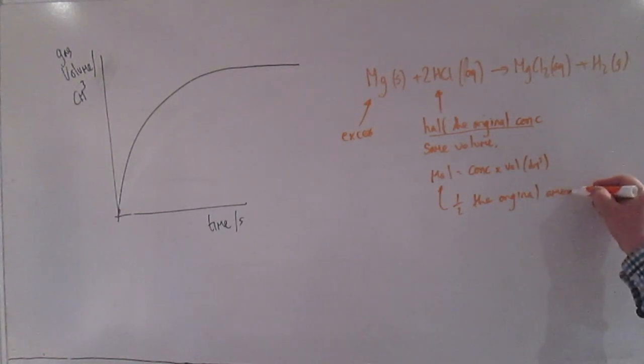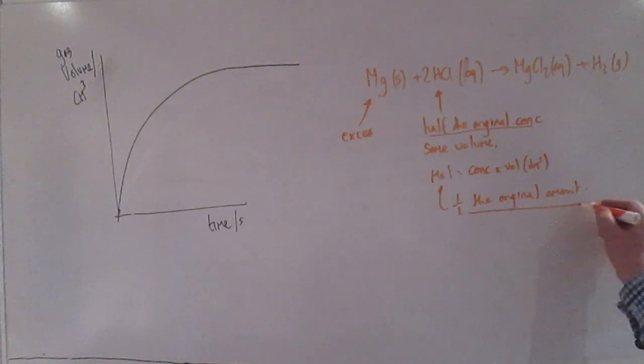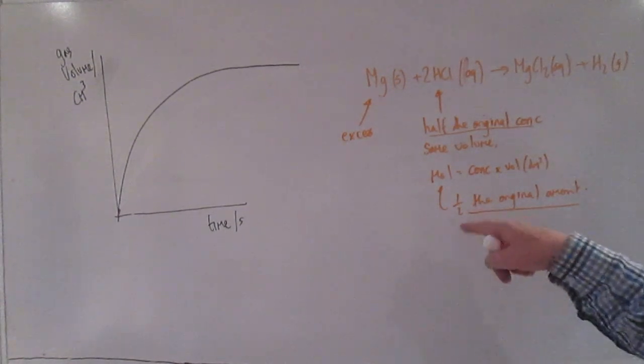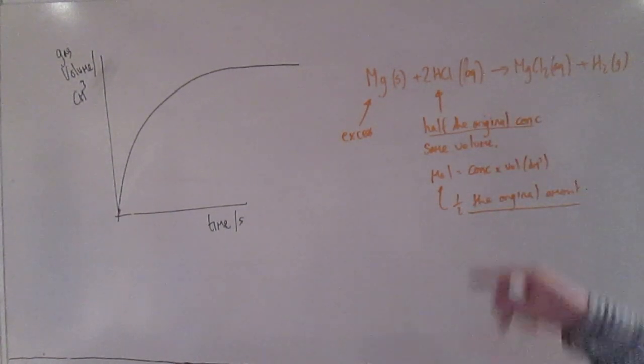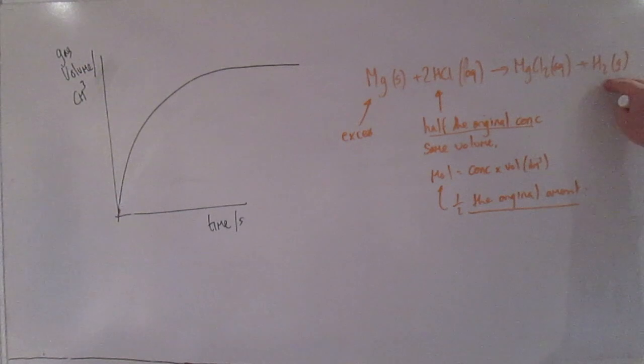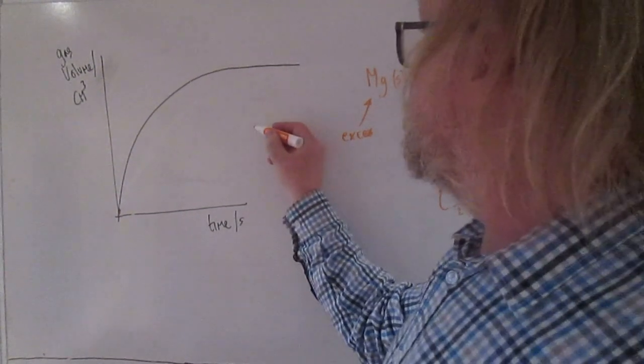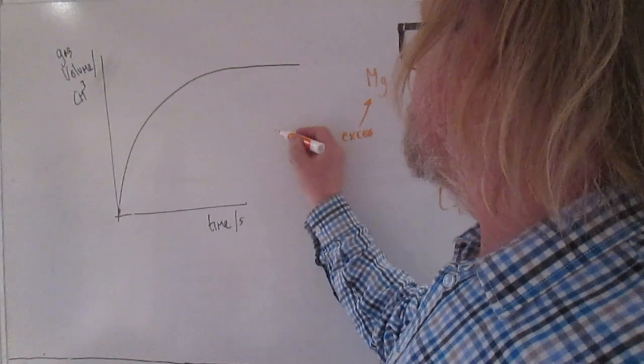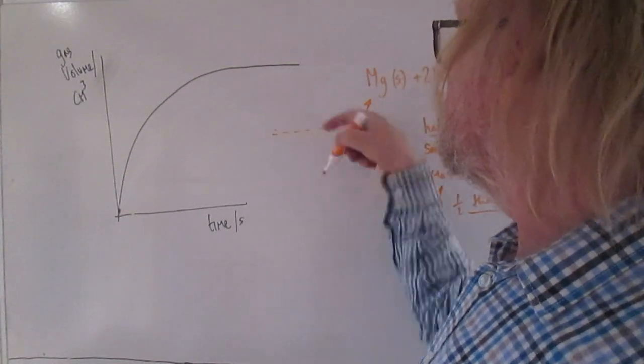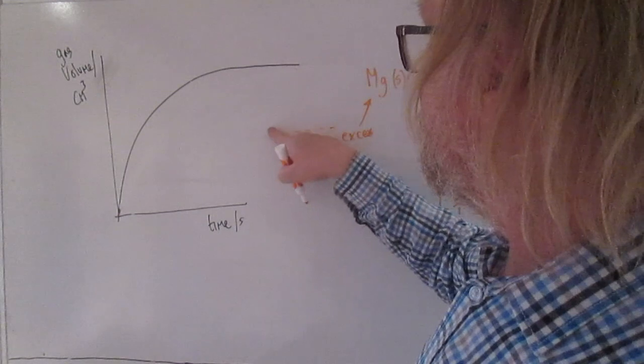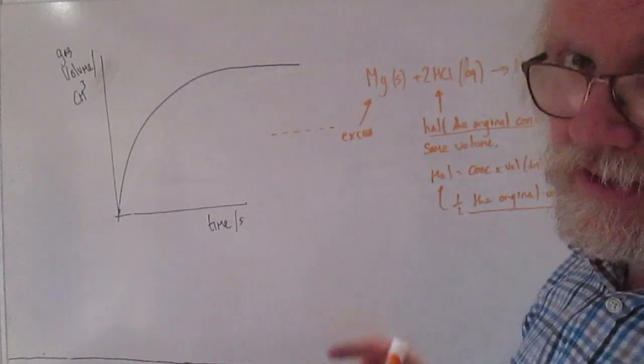So we've got two differences here that we've got to worry about. The first is that we've only got half the amount of acid reacting, and that's obviously going to mean that we only get half as much product. And that means that in the end, we're going to end up here somewhere rather than there, because we're only going to get half as much gas being produced.